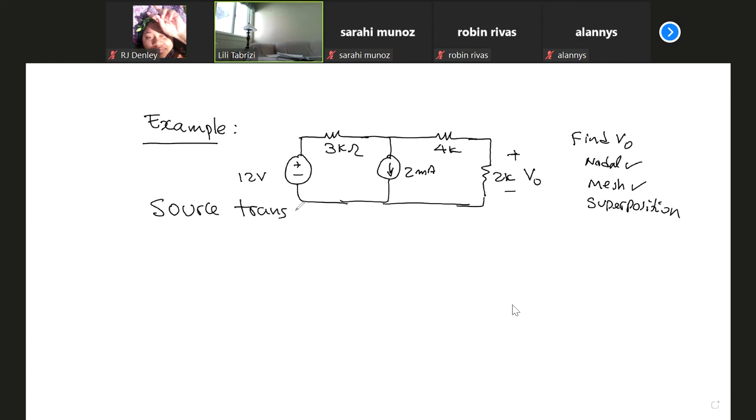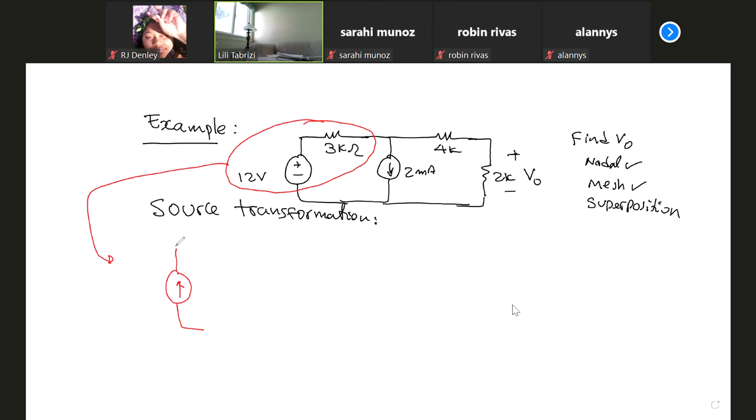So for source transformation, the question is V0. Go to the end of the circuit. I do see a voltage source in series. So based on source transformation, I can change it to a current source in parallel. So this is 3 kilo ohm; the ohm remains the same.